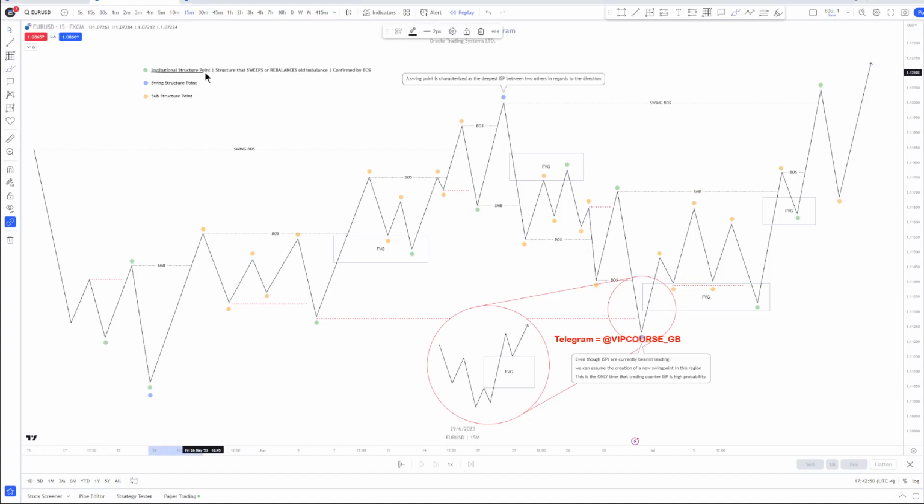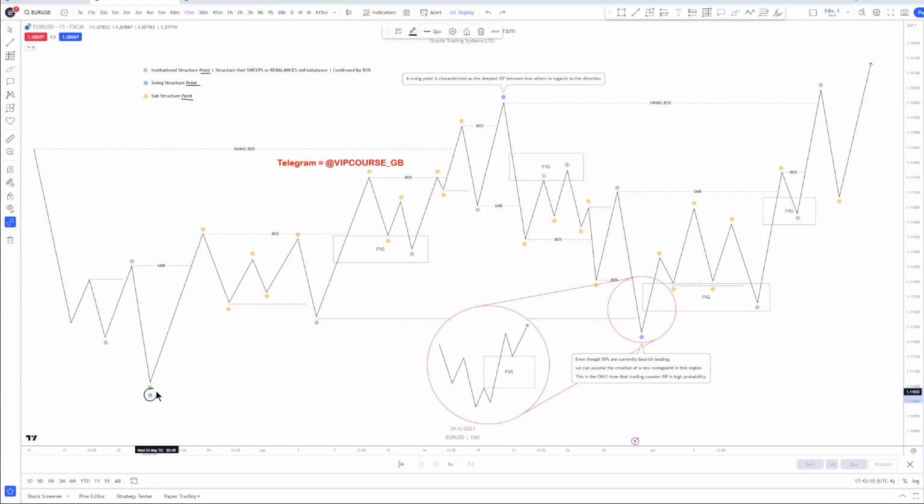Notice here that I've referred to these as points, okay? So points are referring to the highest point and the lowest point of the given structure. So in this case, this would be an institutional structure level or institutional structure leg. And we'd be looking at the institutional structure point at each vertex, or the high and the low.